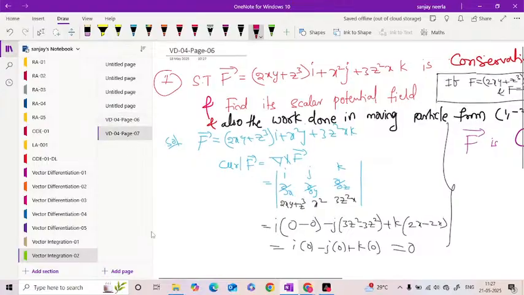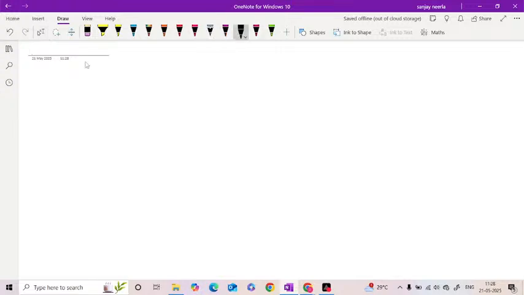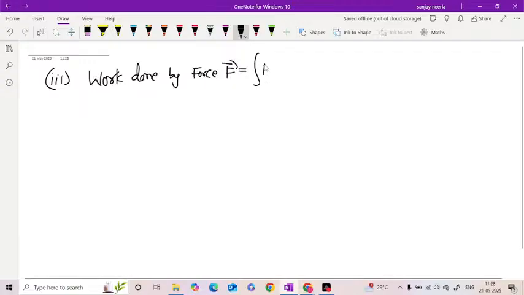Now we will solve the problem. So now what is our question here? Third one. So work done by force F is whole integration of F dot dr. But what is our F? Already it is clearly given.